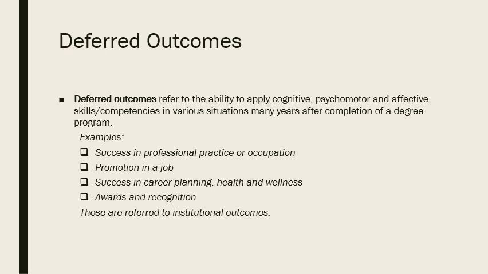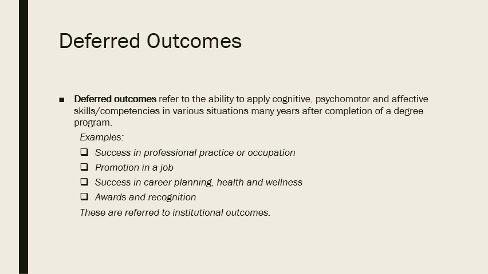Example, success in professional practice or occupation. Another, promotion in a job. That's an indication of a deferred outcome, because the learning outcome is still there, since you have been promoted. So that's an indicator.